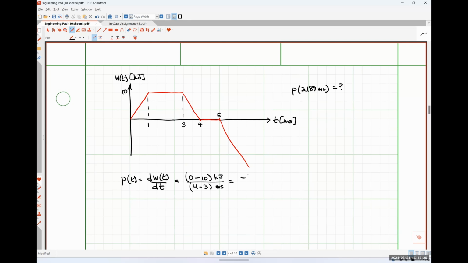Looks like negative 10 over 1. A kilojoule per millisecond is going to be a megawatt. And there we go.